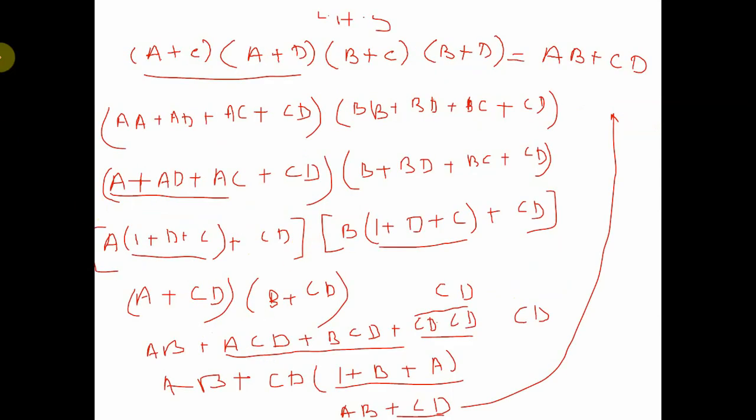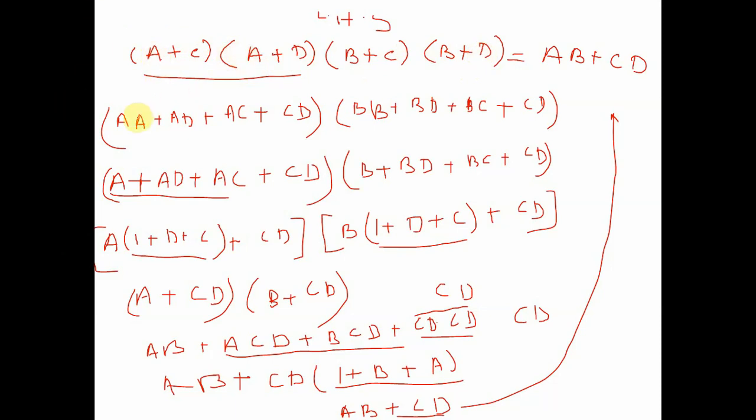Now I am taking the third example. In the first bracket A plus C, in the second bracket A plus D, in the third bracket B plus C, and in the fourth bracket B plus C. This is the LHS side, which is equal to the RHS side. To solve the LHS side step by step, we take the first two groups for multiplication first.